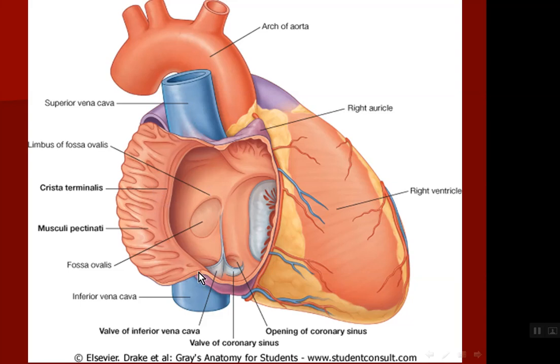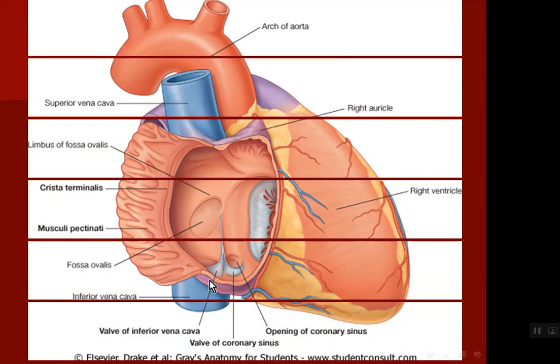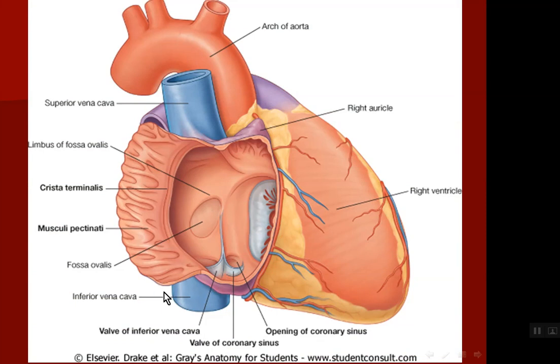So we can see the vessels which communicate with the right atrium, and as you see here, the heart is located in a place where we can see some organs above and some organs below the heart, so we need a vein for draining the blood from above the heart, and we need a vessel for draining the blood from organs below.